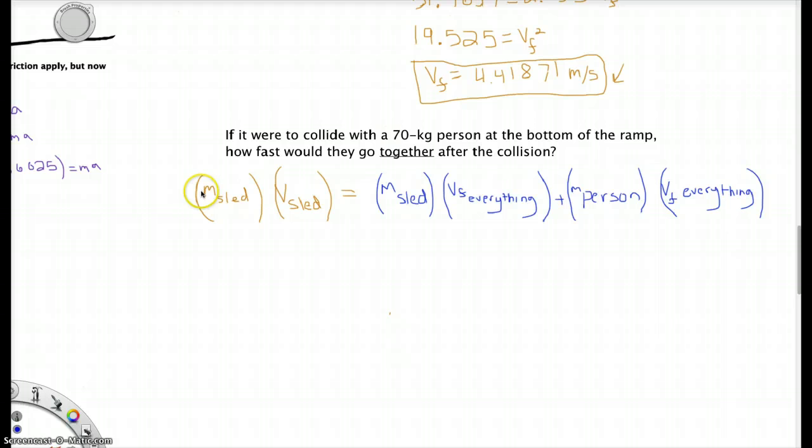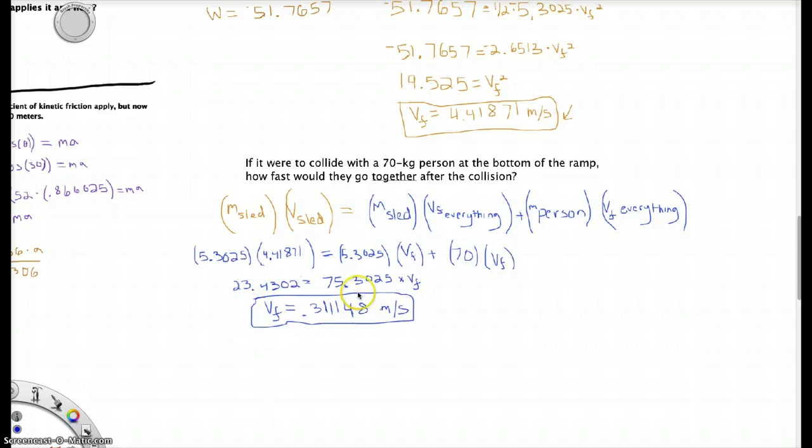The equation for that is basically that the mass of the sled times the velocity of the sled is equal to the mass of the sled times the velocity final of everything plus the mass of the person times the final velocity of everything. So now we're just going to plug in, and simply add these and add these.